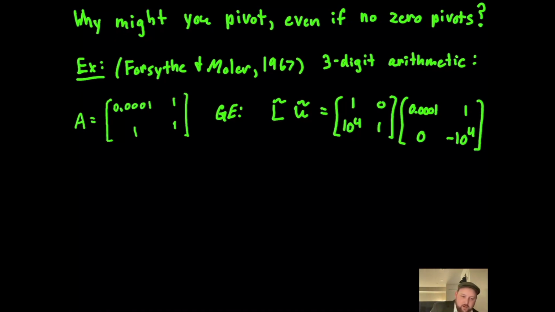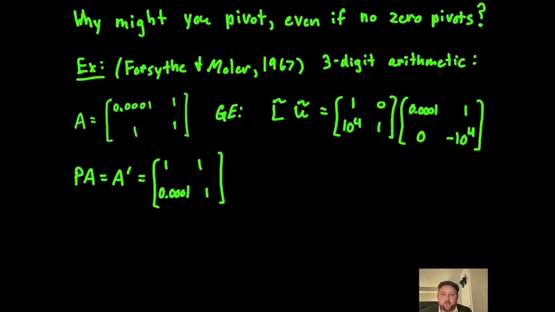So I'm going to introduce that same permutation matrix I talked about at the beginning that's going to swap the first and the second row. So this P times A, I'll call this new matrix A prime. And what it looks like is 1, 1, 0.0001, 1. So I basically swapped the rows of the matrix such that the pivot was 1, which is bigger than this tiny 0.0001.